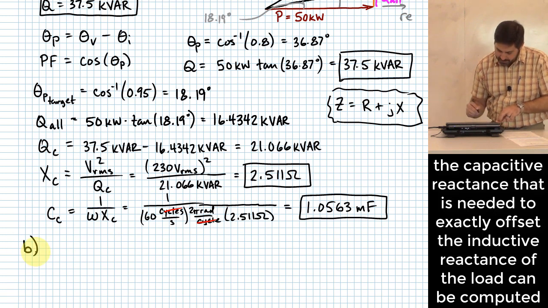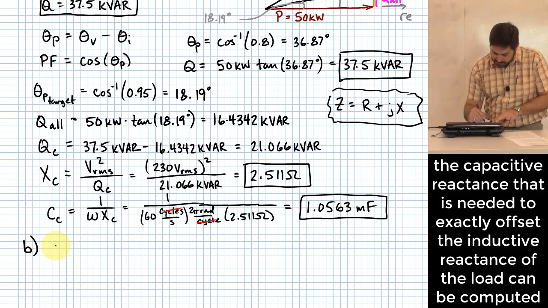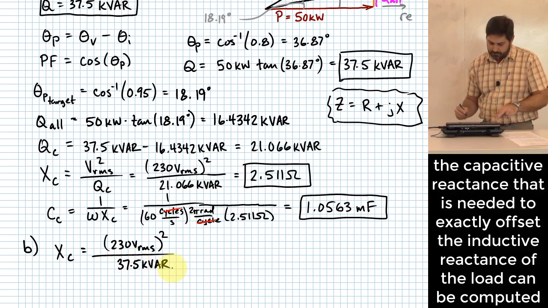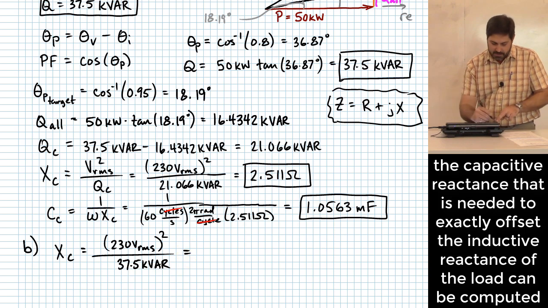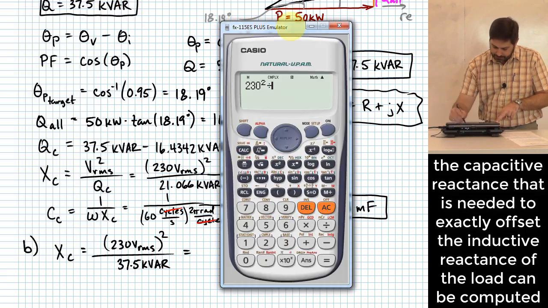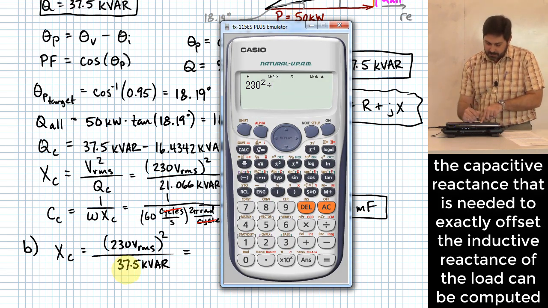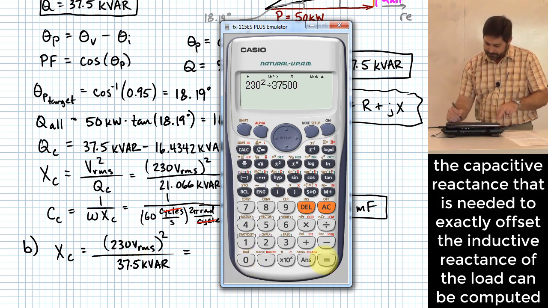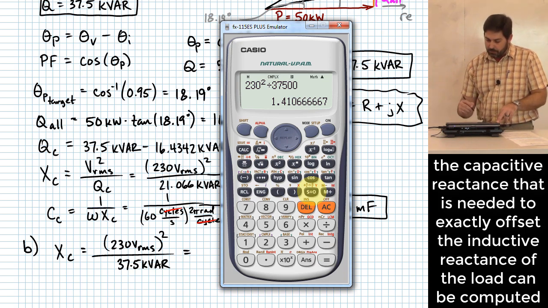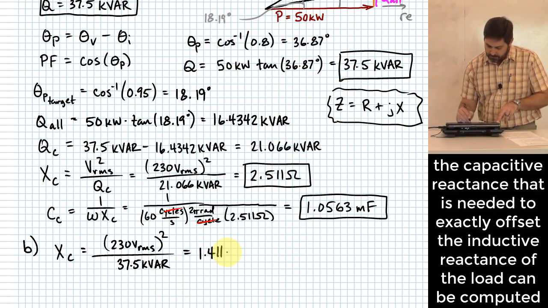So for part B, all we have to do is say X sub C is going to be equal to 230 volts RMS squared over 37.5 kVAR, and this will give me this reactance value that I need. Okay, so 230 squared divided by 37.5, really what that's going to be is 37,500, right? Like this. That's going to give me a certain number of ohms, right? 1.411, we'll say, ohms.